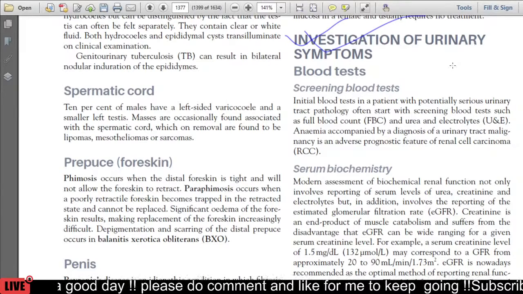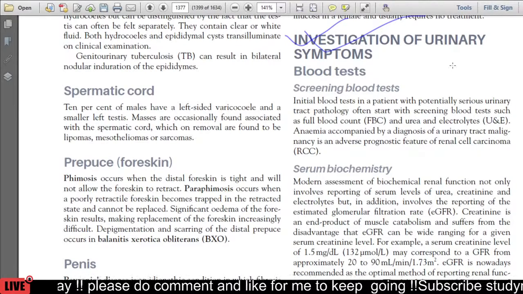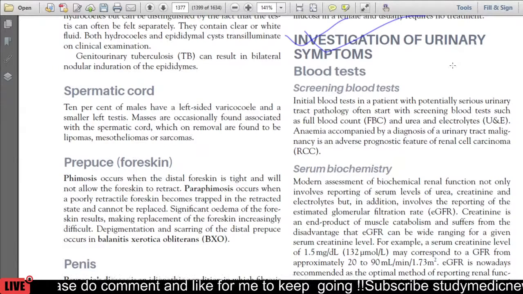Anemia accompanied by a diagnosis of urinary tract malignancy is an adverse prognostic feature of renal cell carcinoma.